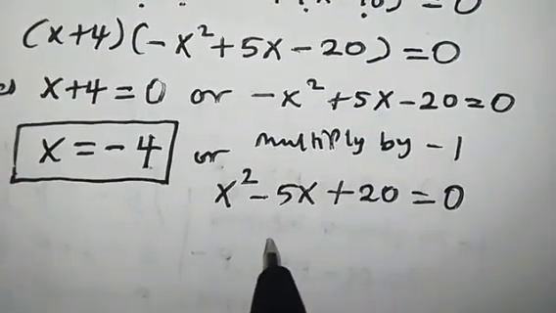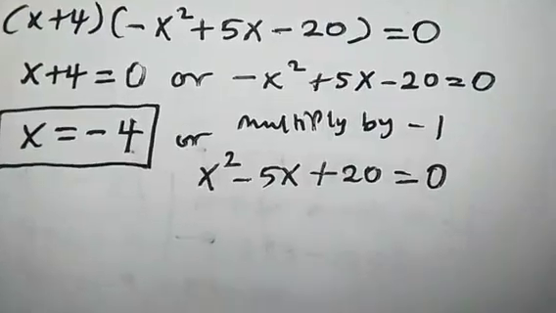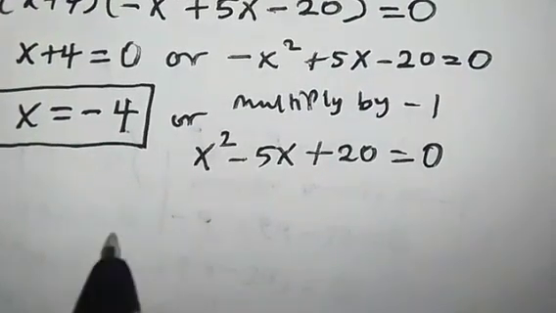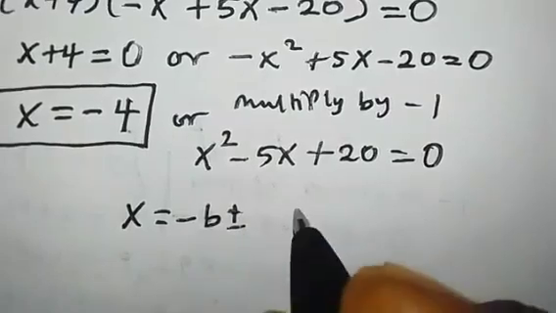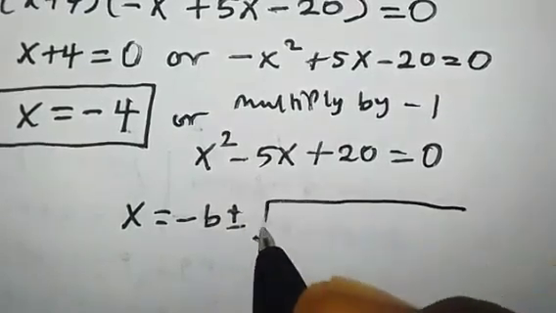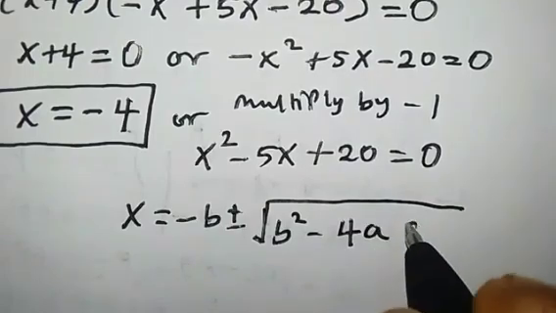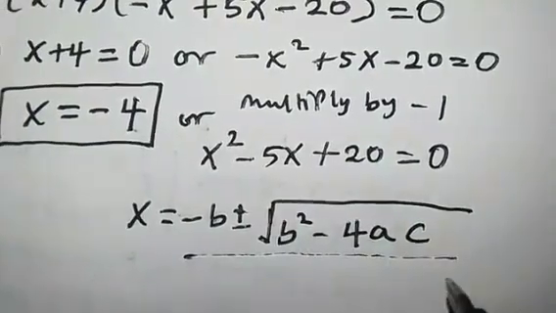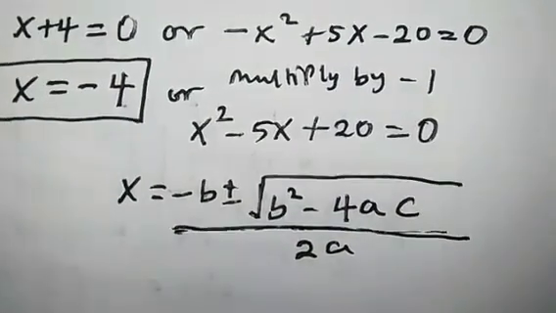So, we can now solve this equation using the quadratic formula, which is x equal to minus b plus or minus square root of b square minus 4 times a times c, all divided by 2 times a.